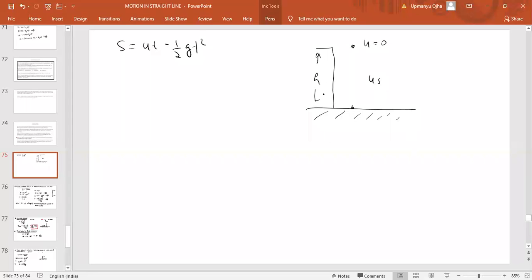What is s here? Minus h. Initial velocity 0, minus half into g. g is 10, time taken is 4, so 4 square is 16. H equals half into 10 into 16, which comes as 5 into 16, which is 80 meter. So 80 meter is the height here.